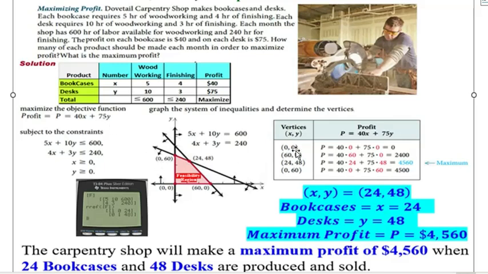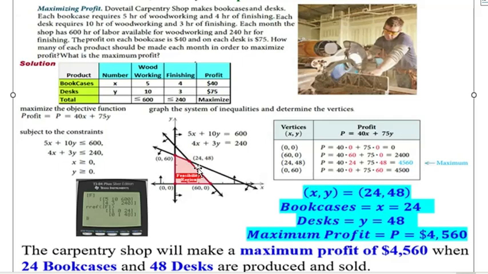So first evaluated at 0, 0, profit equals 40 times 0 plus 75 times 0, that is 0. Then evaluated at 60, 0, profit equals 40 times 60 plus 75 times 0, which is 2400. Then evaluated at 24, 48, profit is 40 times 24 plus 75 times 48, that is 4560.